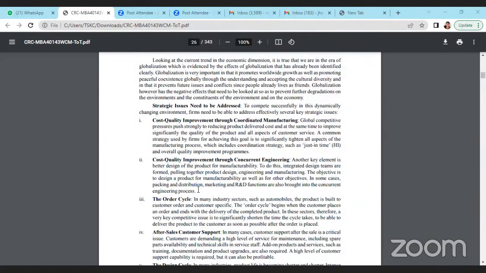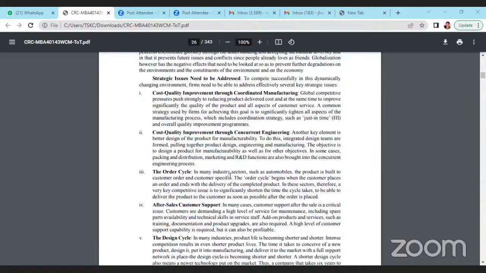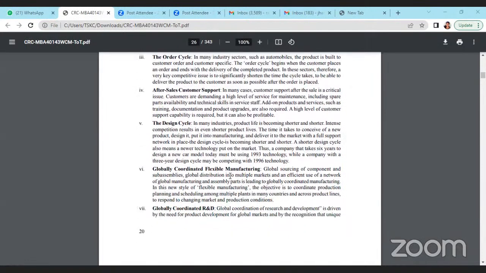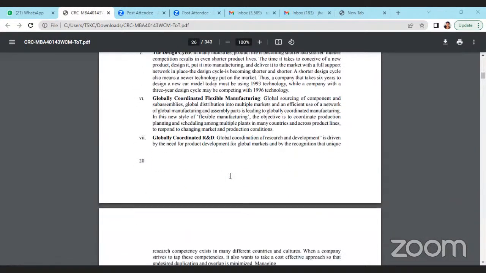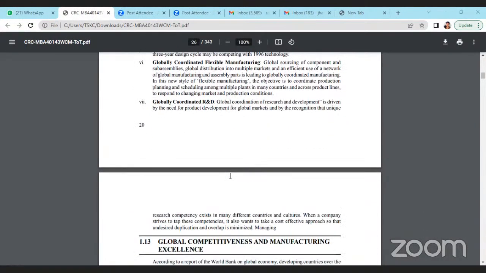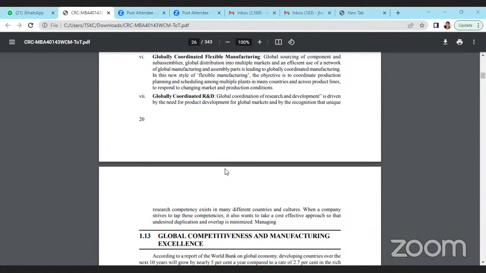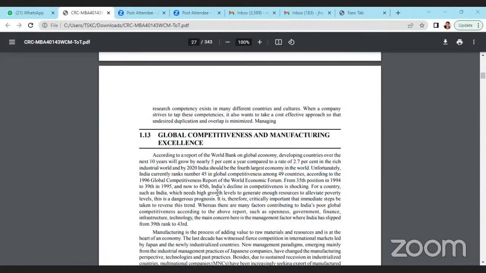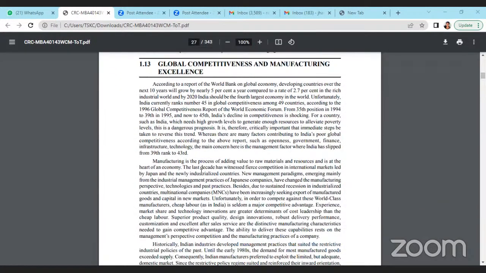Next, strategic issues need to be addressed, that is cost quality improvement through coordinating manufacturing, cost quality improvement through concurrent engineering, the order cycle, after sales customer support, the design cycle, globally coordinated flexible manufacturing, and globally coordinated R&D. And how global competitiveness and manufacturing excellence work, and how MNCs, that is multinational corporations, carry out their manufacturing process.